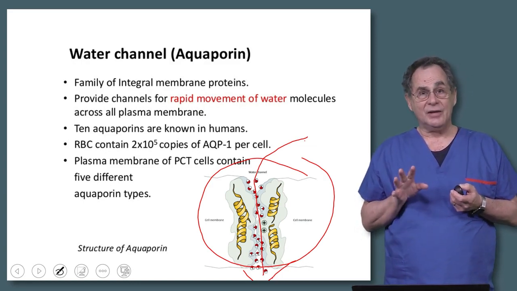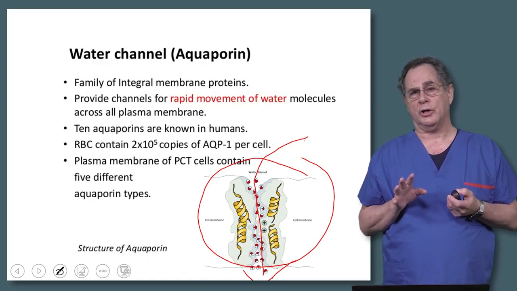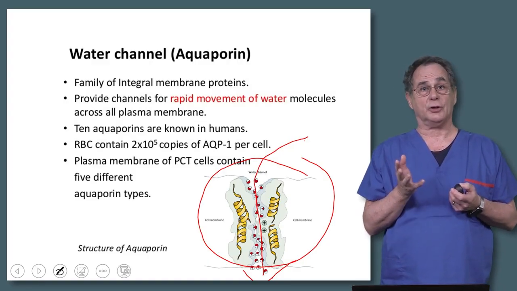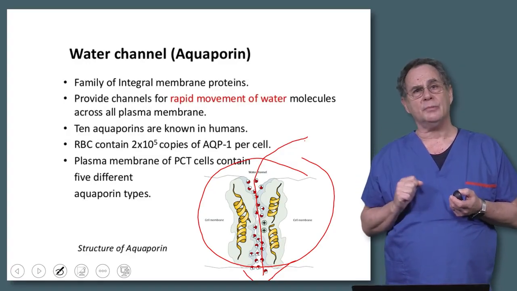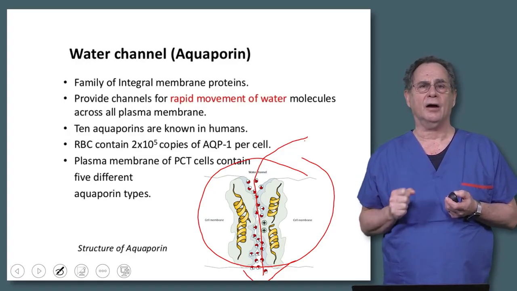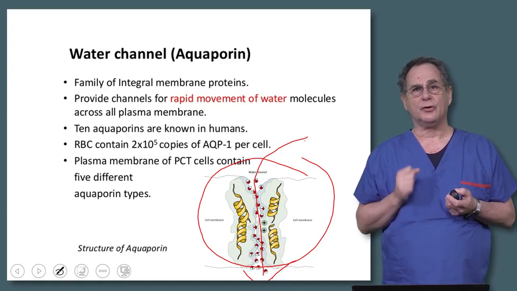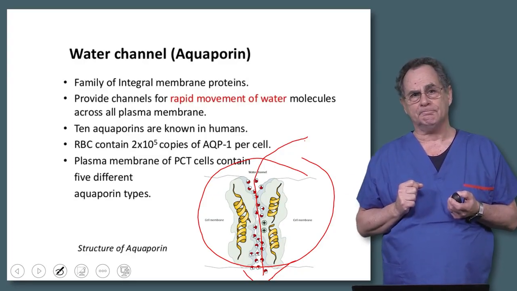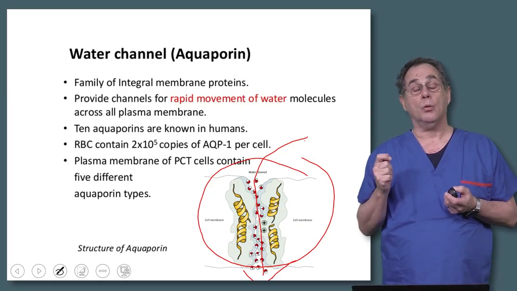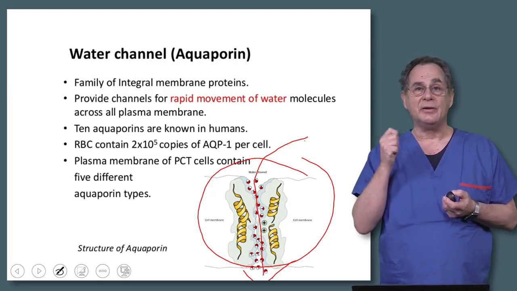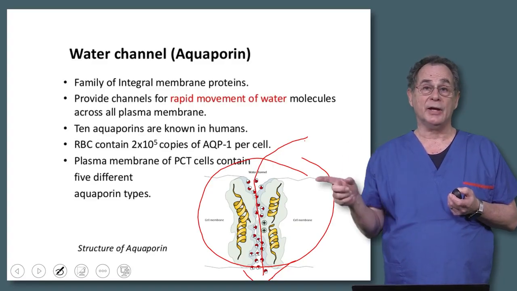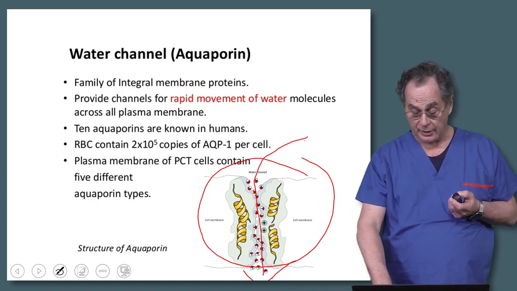At least 10 different aquaporins are known in humans. And as an example, in terms of the quantification, each individual red blood cell is felt to have 2 × 10⁵ copies of aquaporin inserted into its cell membrane, conferring water permeability and enabling the rapid movement of water from inside the cell to outside or outside the cell to inside.